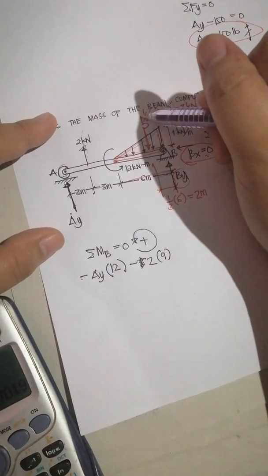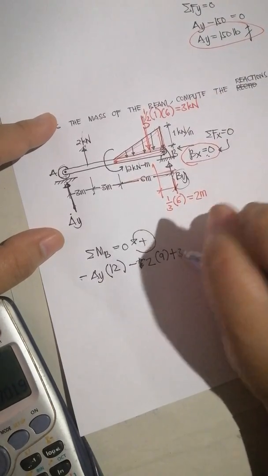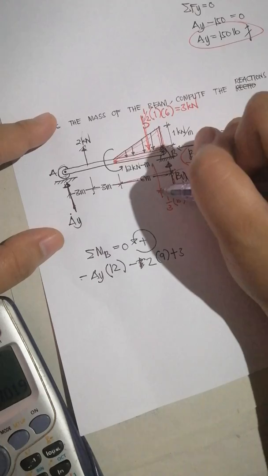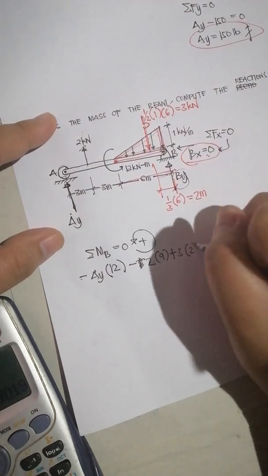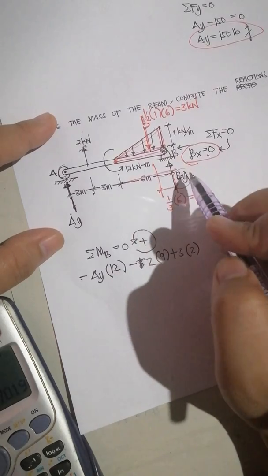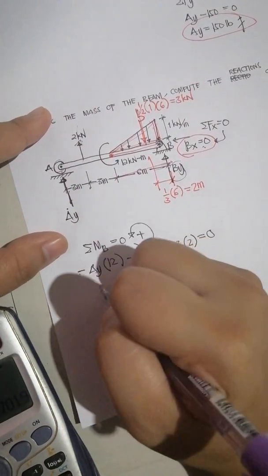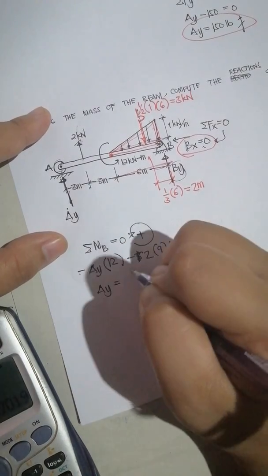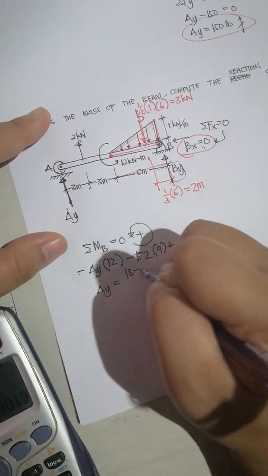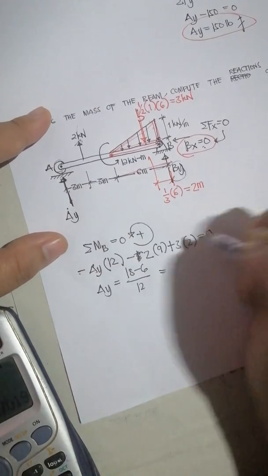Then the 3 kilonewton load, positive 3, counterclockwise about B, distance is 2. We have only 3 moments about B, equal to 0. So AY equals 18 minus 6 over 12.